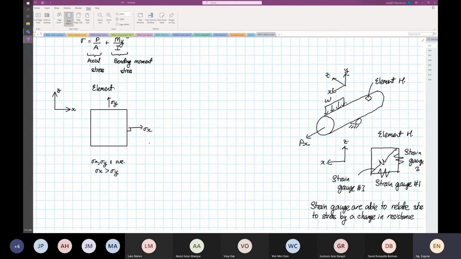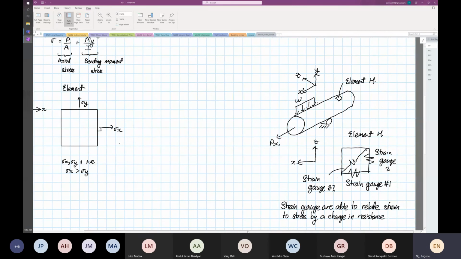The more the gauges are stretched or change in size, the resistance will change. When the resistance changes, the output is a voltage change. So you measure the voltage, and you relate the voltage to your stresses.